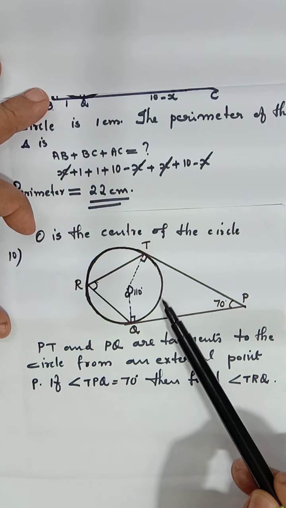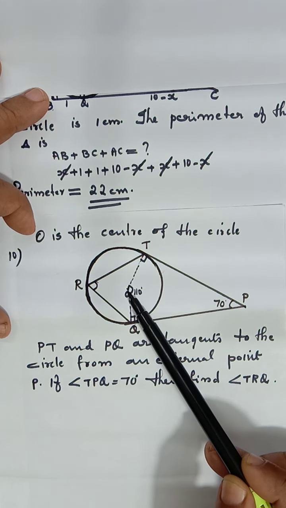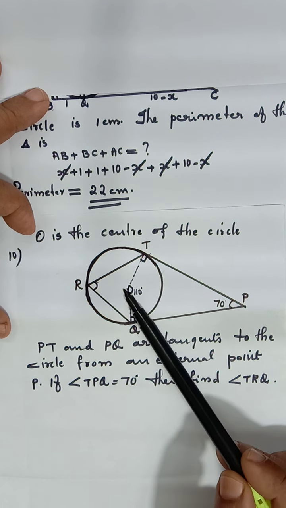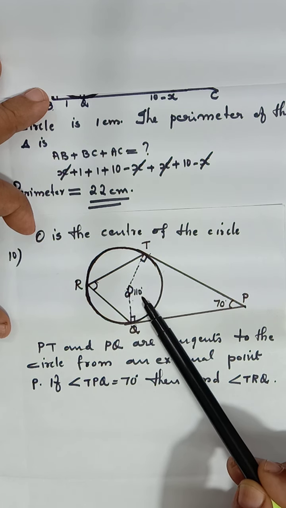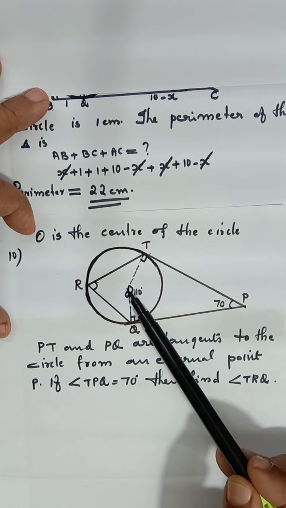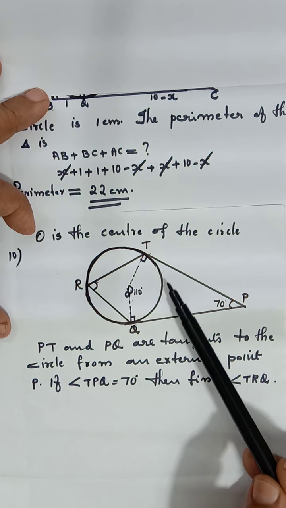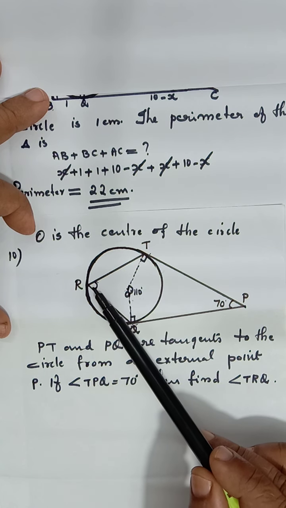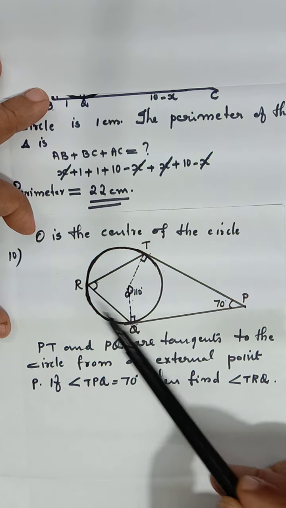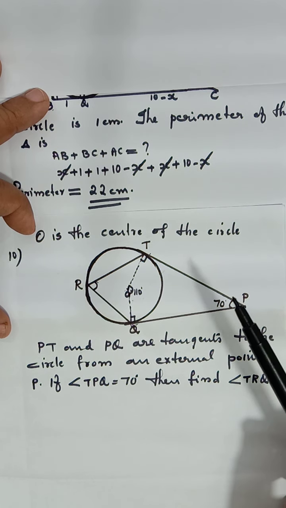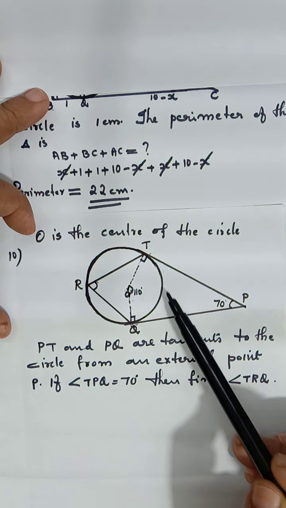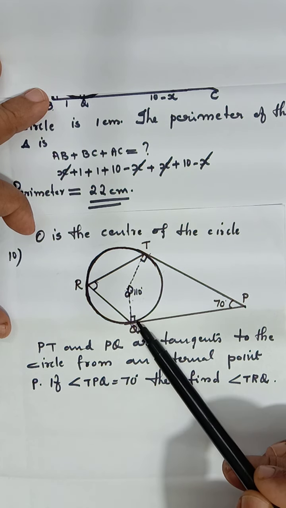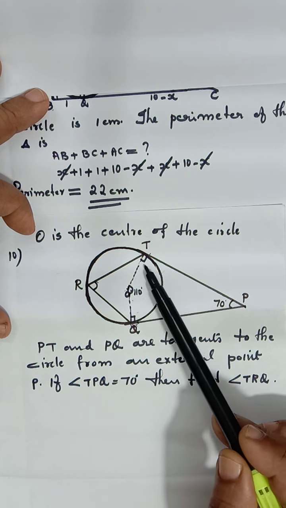So this arc TQ is forming an angle TOQ equal to 110 degree at the center, a central angle.